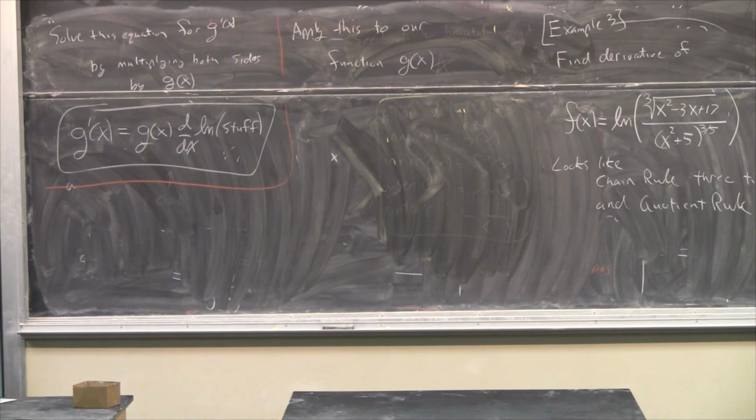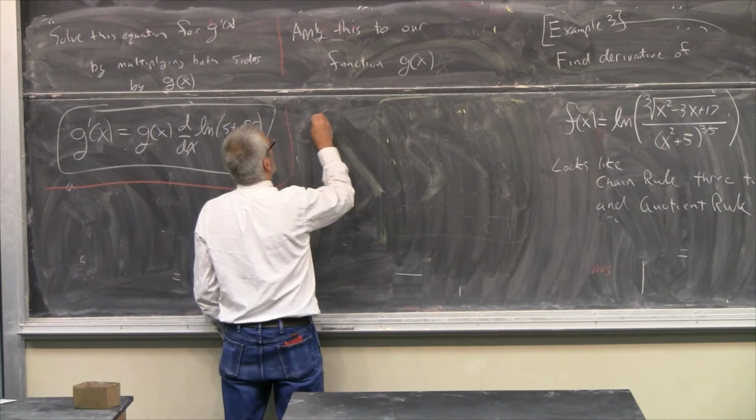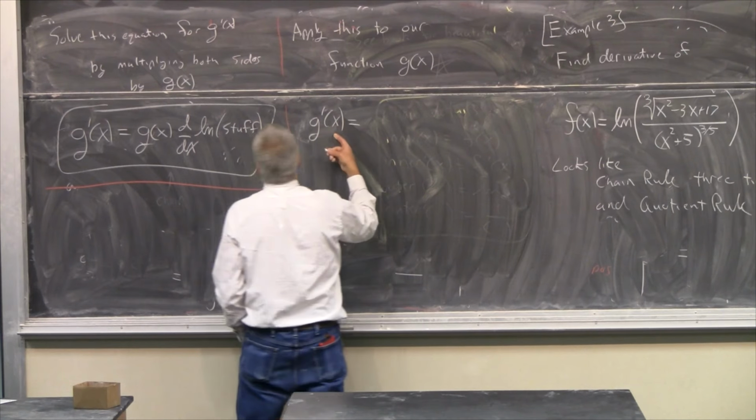That's our function. So I get g prime of x equals g of x.